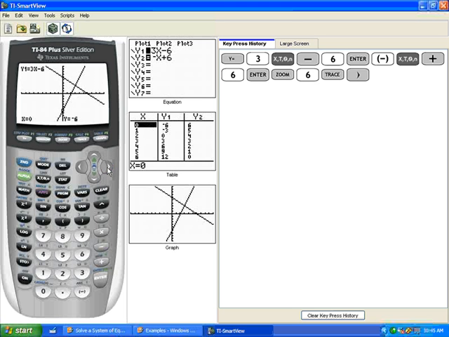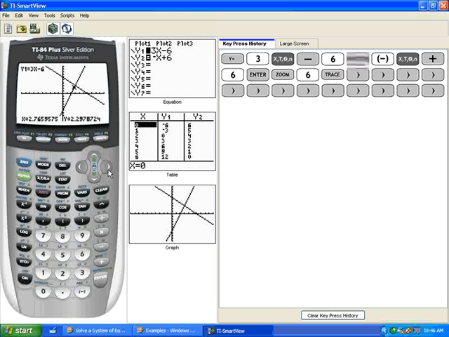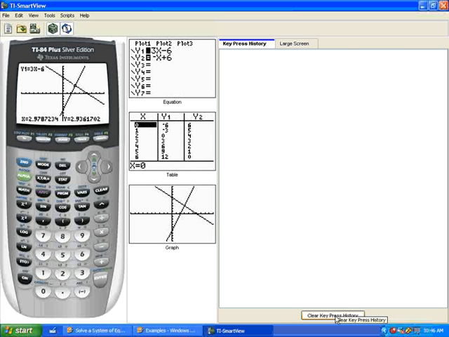So I'm going to use the right arrow to slowly move over in the direction of that point of intersection to try and gain a rough idea at least of what it is. And it looks to be, the calculator saying 2.9, 2.9. I'm wondering if the answer isn't 3, 3 because we're pretty close to that.